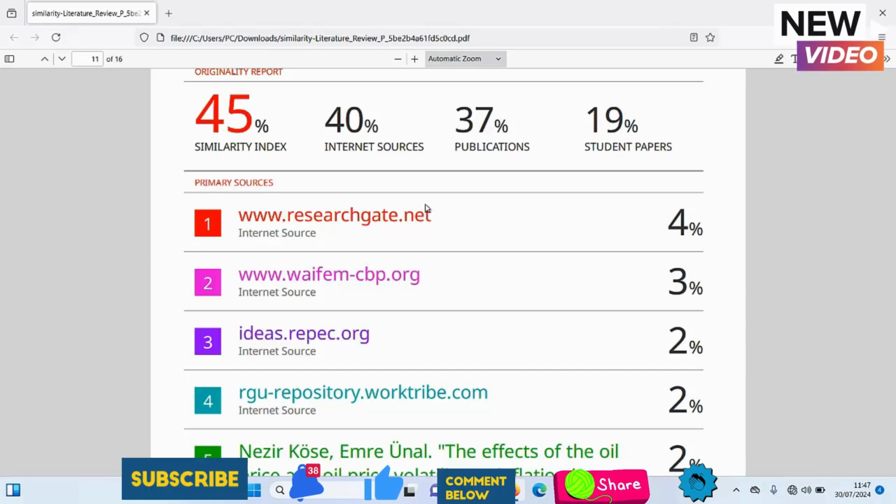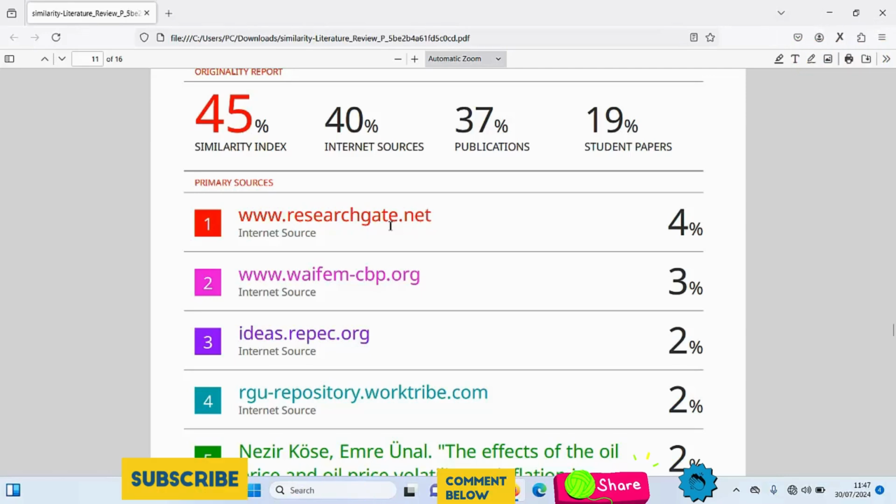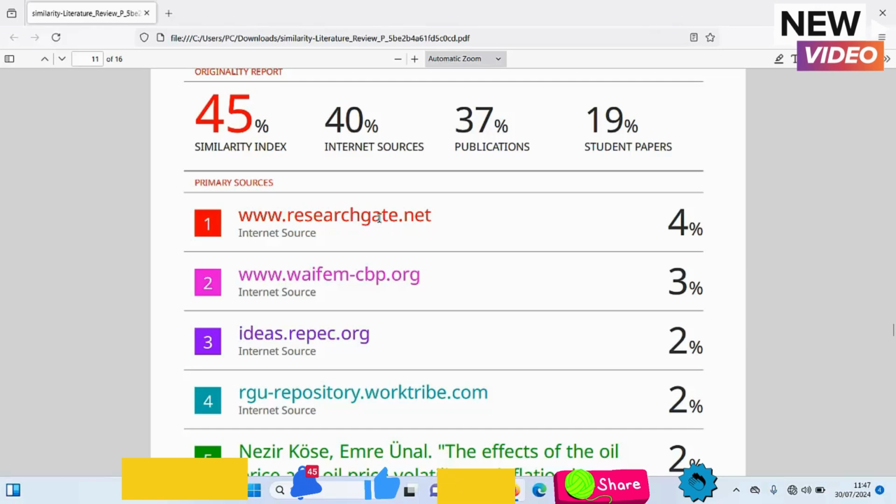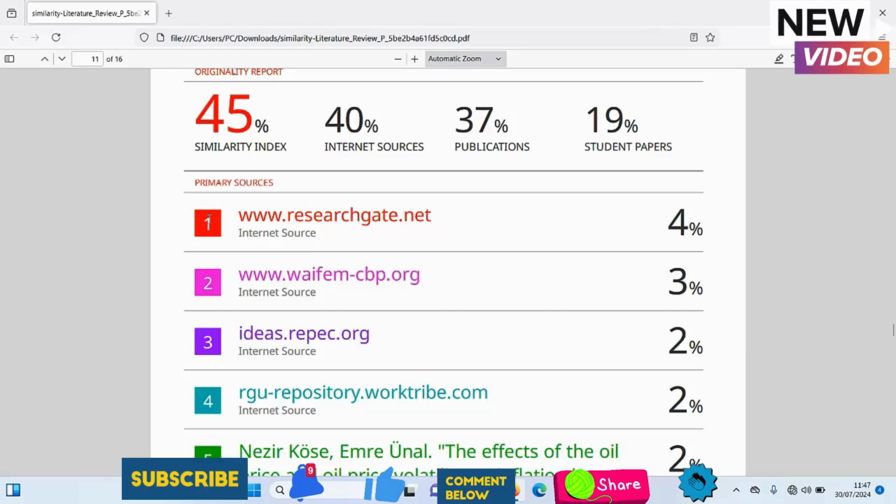But I am not concerned about this particular paper. It is not my responsibility to even look at them. What I'm concerned with is how to paraphrase or rewrite this particular document so that it will not be similar to the other information on the internet. So if you look at this particular red color, it carries 1.